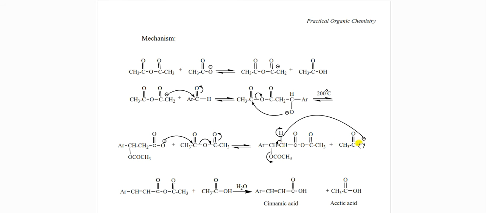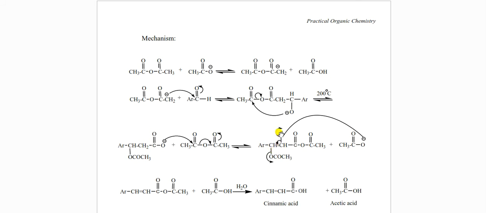In the presence of a base, this base will abstract an alpha hydrogen, and this negative charge will be located on the carbon to give us an enolate or carbanion. This negative charge will reform a double bond at the alpha beta position, since we have a good leaving group in the beta position.